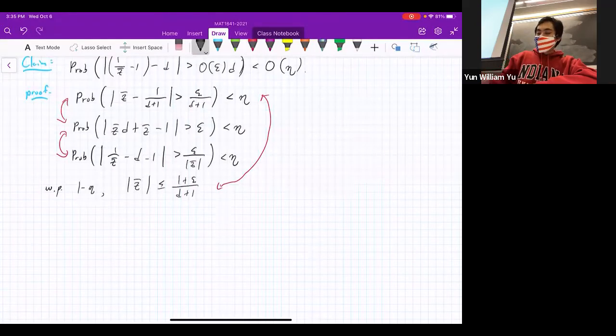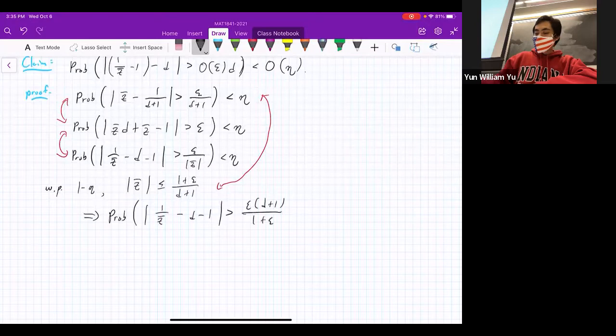And because that's true, we put these things together, and we know that the probability that 1 over Z bar minus D minus 1 is greater than epsilon times D plus 1 over 1 plus epsilon is less than eta. And why is that?